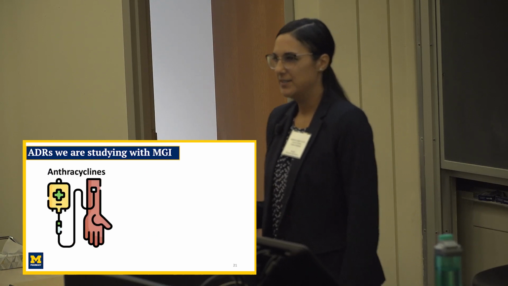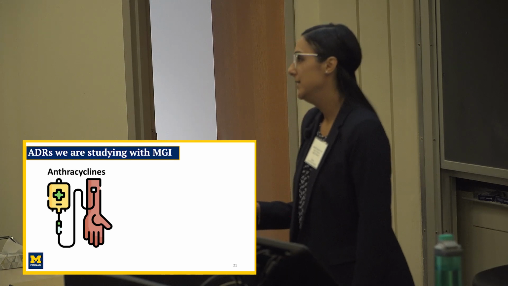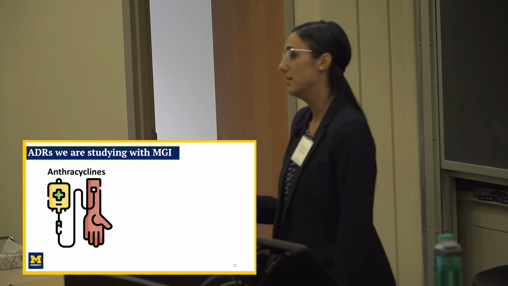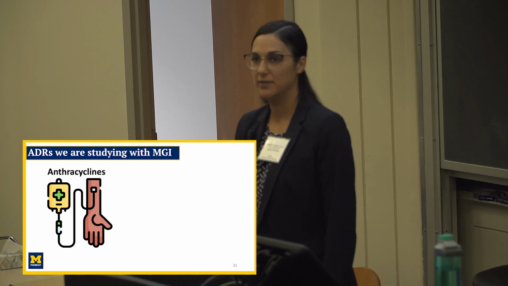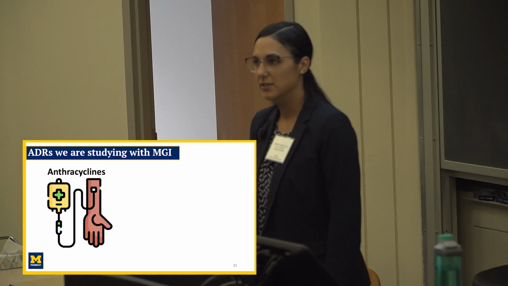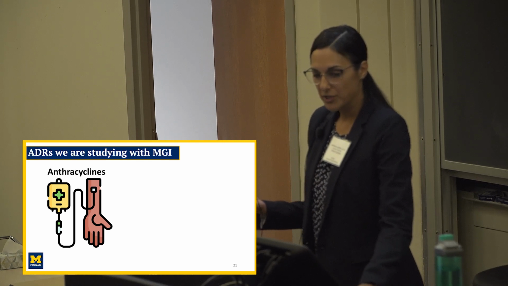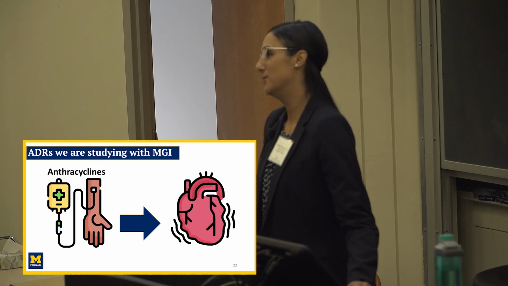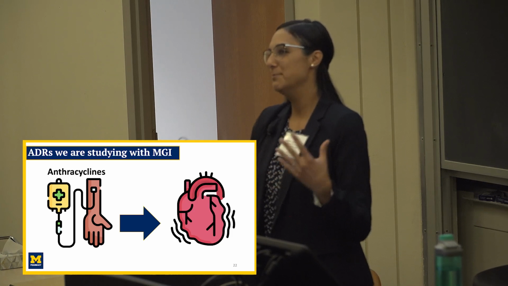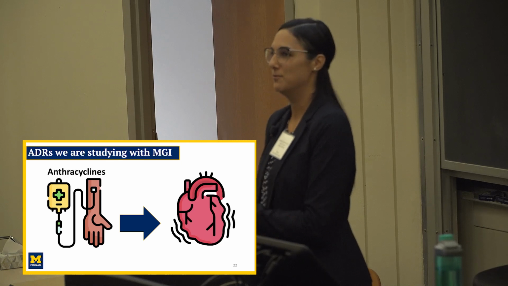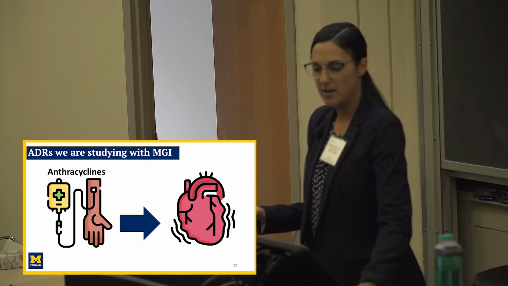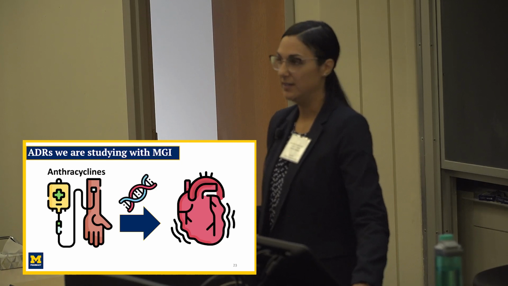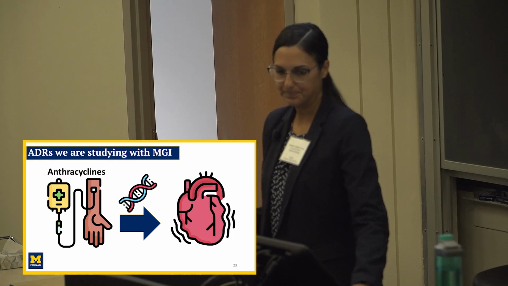We're also using MGI to study anthracyclines. Anthracyclines are a class of chemotherapy, very highly effective, used to treat several different kinds of cancer. Unfortunately, some patients have heart damage from anthracyclines. We don't want to damage the patient's heart in the process while we're treating their cancer, so we're also using MGI to study that adverse drug reaction.